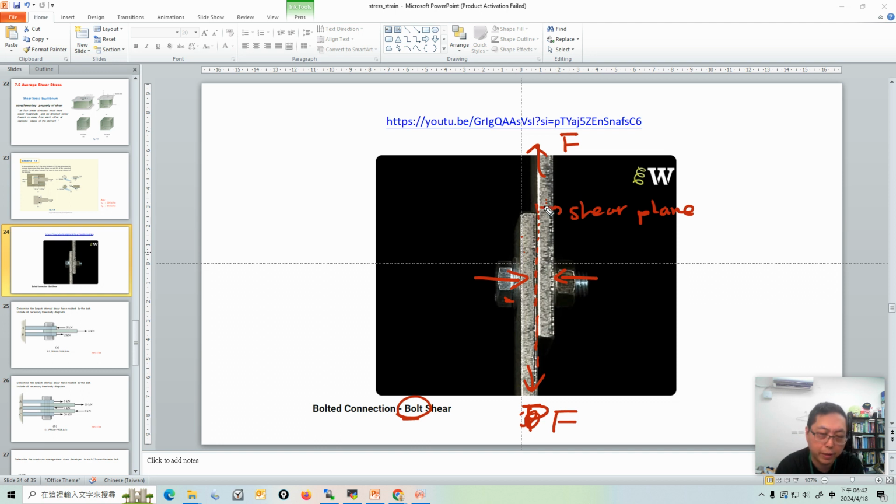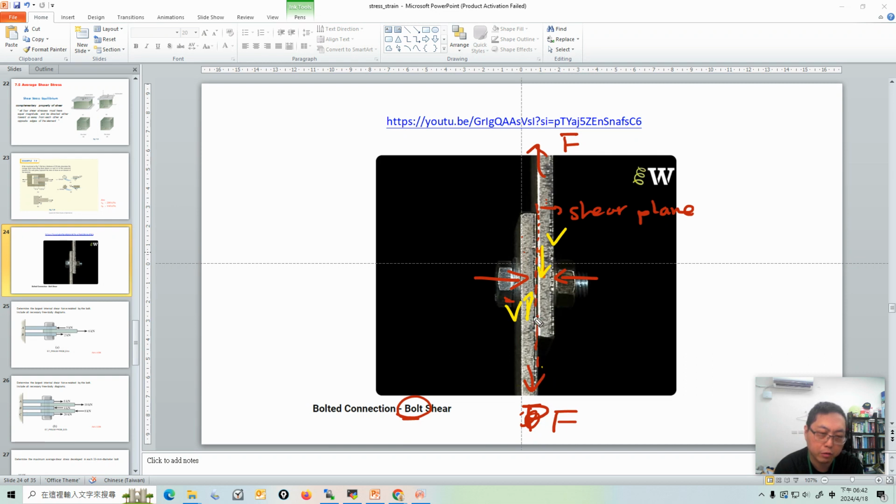It depends on which direction you are looking at. If we use this as a reference, maybe there's a shear force here, V. And if you look at it this way, maybe there's a shear force here.